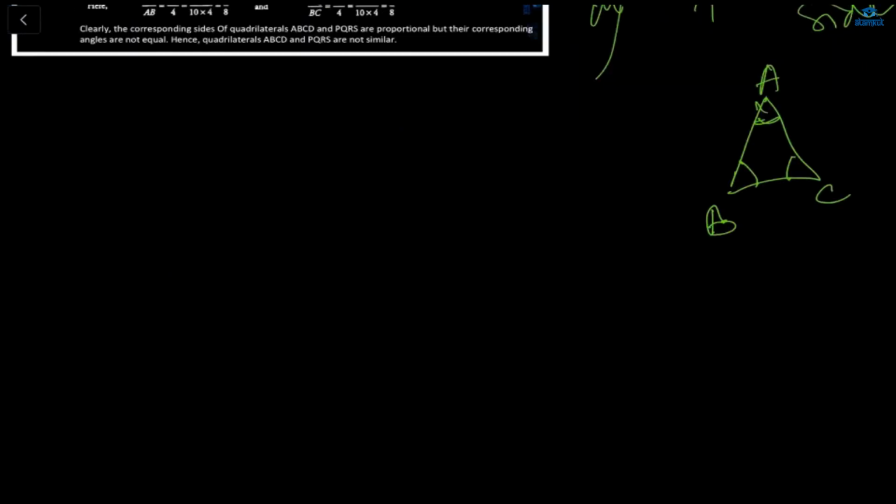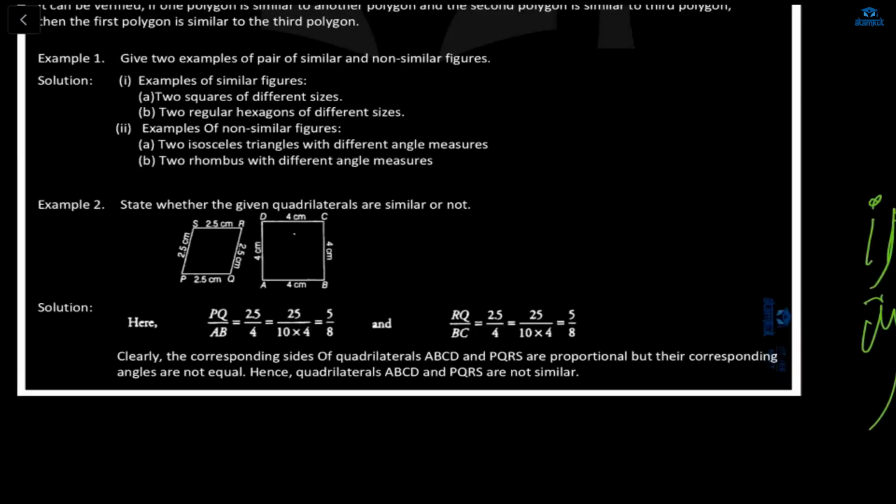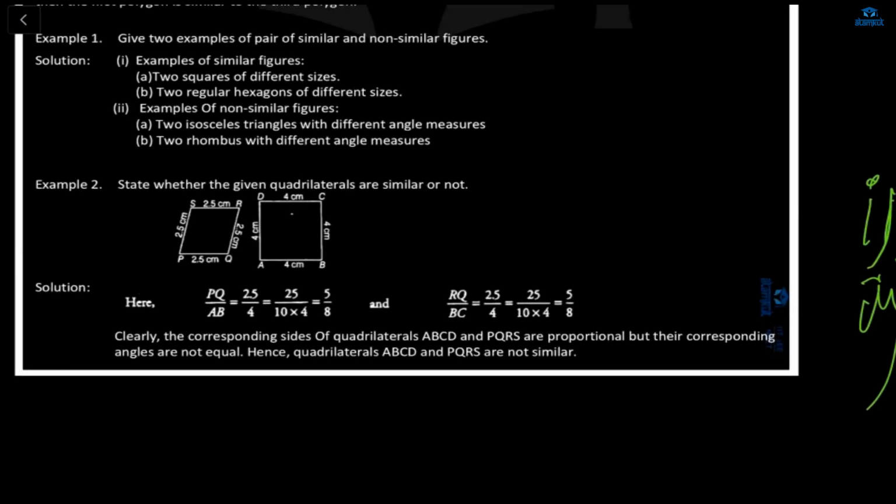Now let's see an example here. Example number 2: state whether the given quadrilaterals are similar or not. How can you say that these 2 quadrilaterals are similar? We will check the ratio and angles. From the angles you can directly say the angles are not equal, because ABCD has a right angle and the other is slightly tilted, so the angles don't look the same.